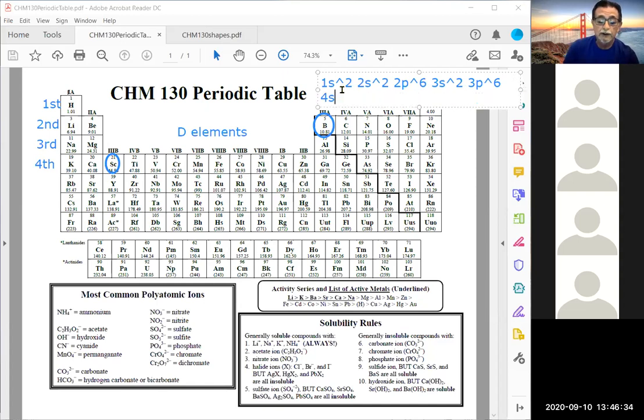So I've got to go 4s superscript 1 for potassium, number 19, and number 20, well, guess what? It's the neighbor. I'm just moving one more. It's 2. Okay. So there should be 20 electrons, and that's the electron configuration for calcium.